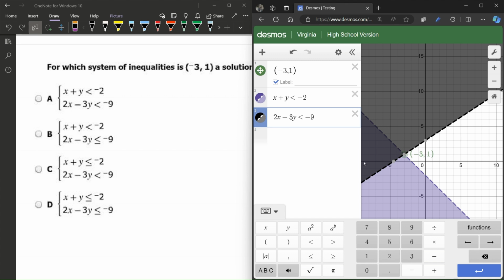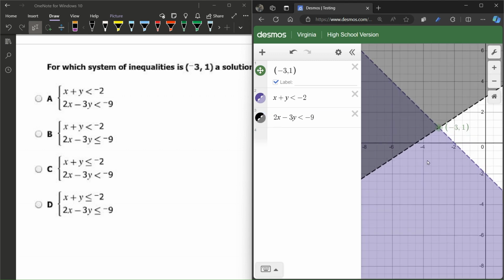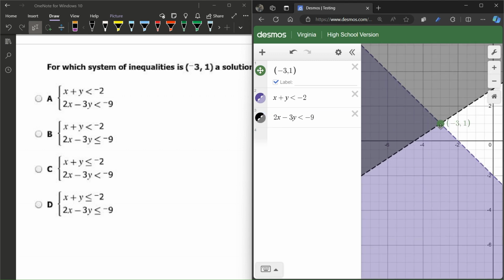Now, what exactly are you looking for? I'm going to zoom in here. I only added the drag feature to my point to make sure that you understand what you're looking for. Everything in the double shaded area is a solution.